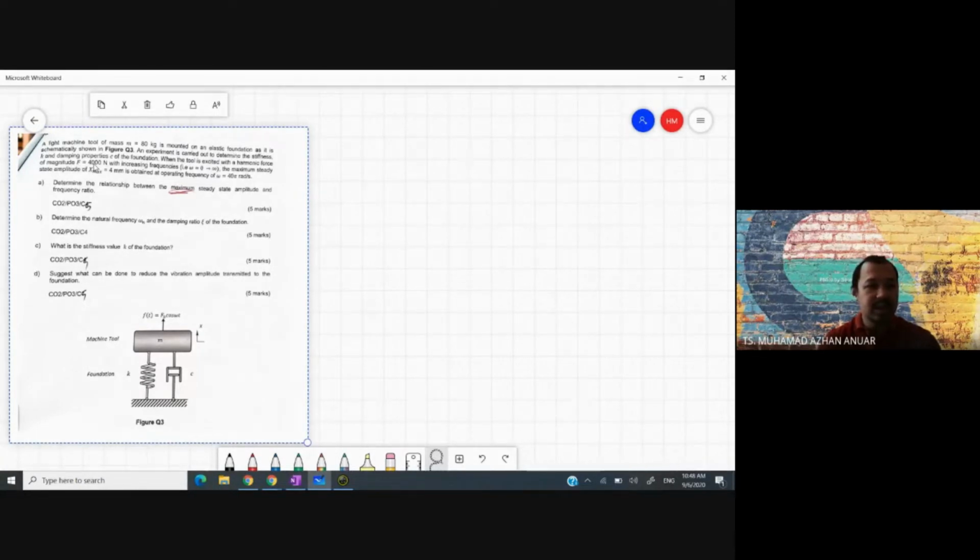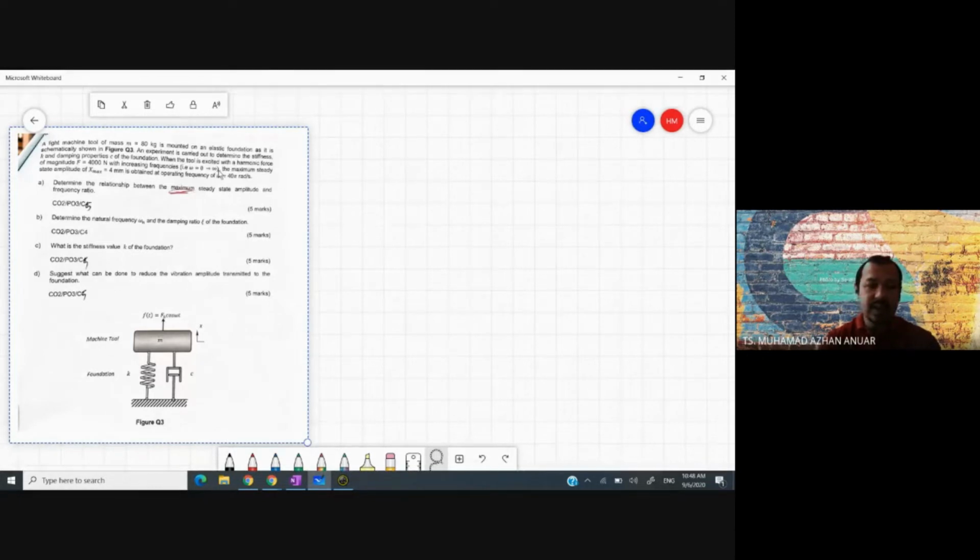So given in this question, the magnitude F naught of the force exerted on the system is 4,000 Newton, with increasing frequency. It is not a stationary frequency, it is a swept frequency from 0 to infinity.